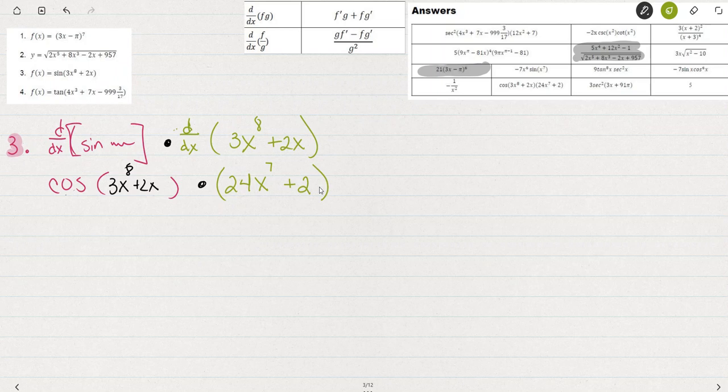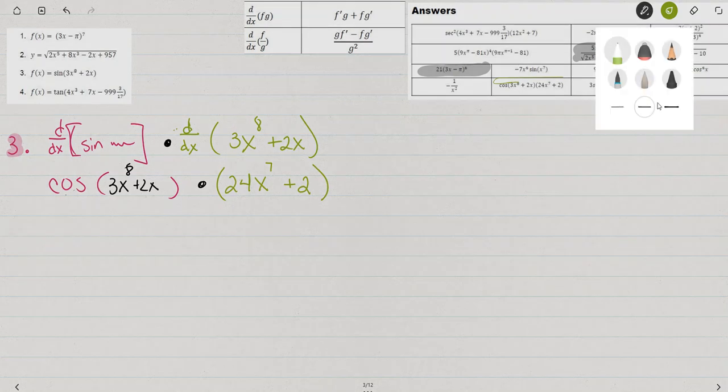Now, just to be really clear, I could take this 24x to the 7th plus 2 and put that as a numerator, or maybe I could factor out a 2. There's a number of ways I could write this. So as I look at the different possible answers, it looks like the answer did just get left here.